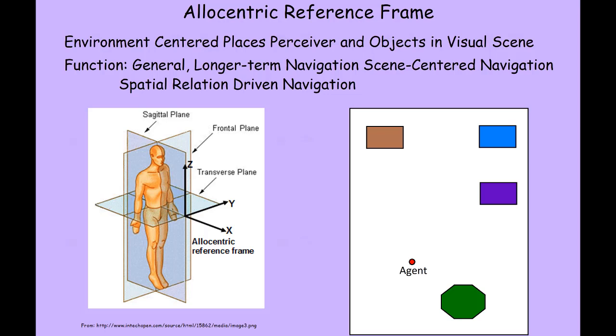And the function of this is general long-term navigation that's scene-centered. That is, that's navigation around the world driven by the world itself and our relationship to the objects within that world. So spatially driven navigation.